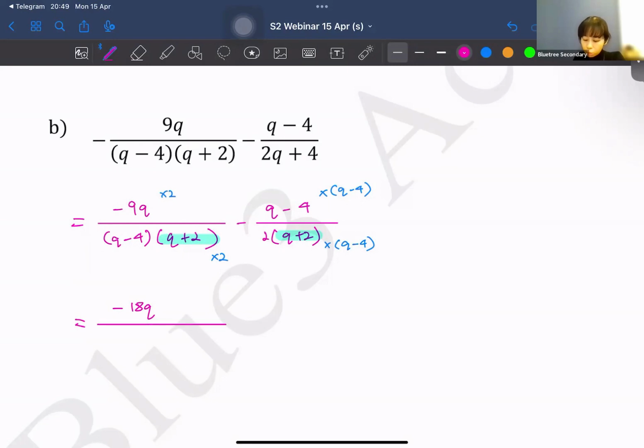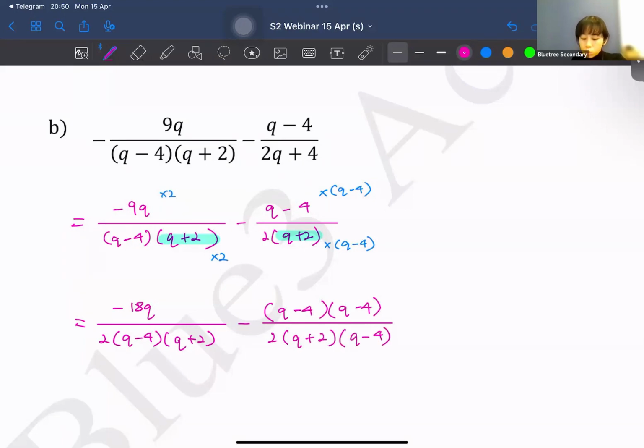So now your denominator will be the LCM of both denominators, which is 2 times (q - 4) times (q + 2). Then if you notice, your second fraction's numerator is actually your second identity.